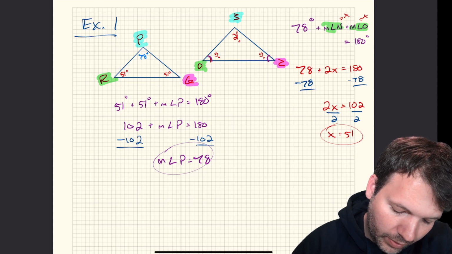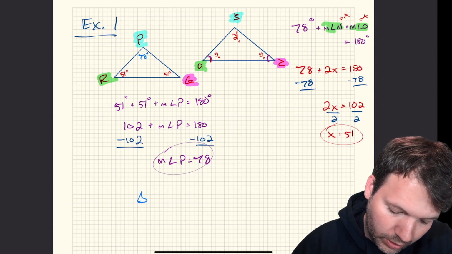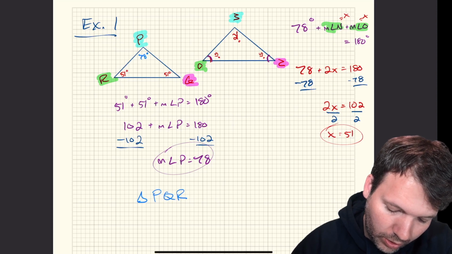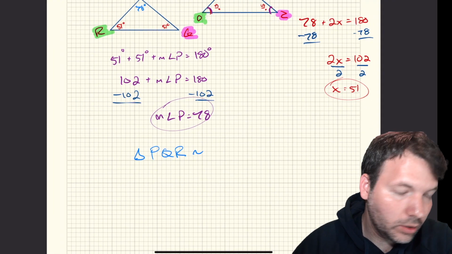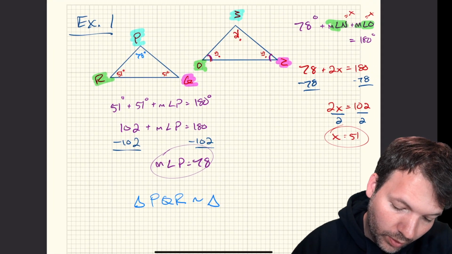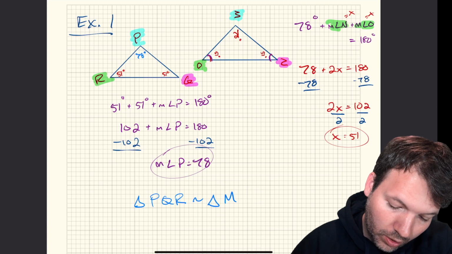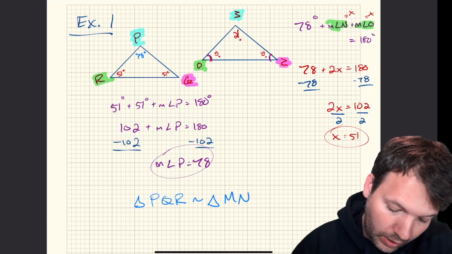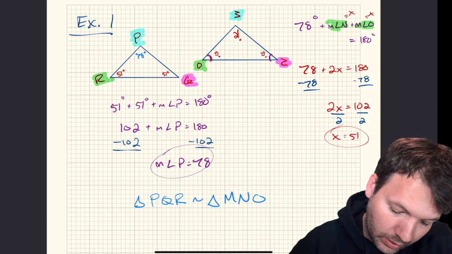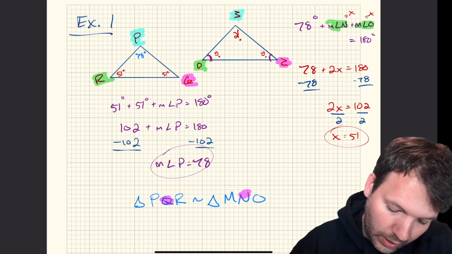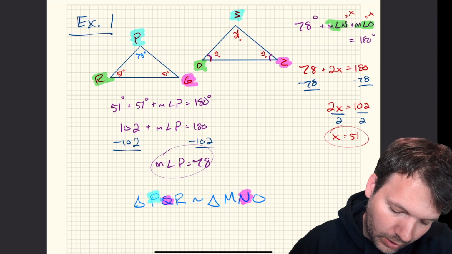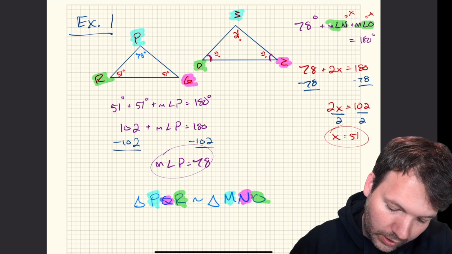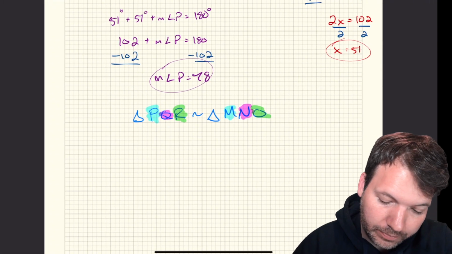And so then I want to write my statement: triangle, let's go from the top, PQR is similar to triangle, what went with P, M, what went with Q, N, what goes with R, O. And again, I can see Q and N, P and M, R and O in that statement of similarity.